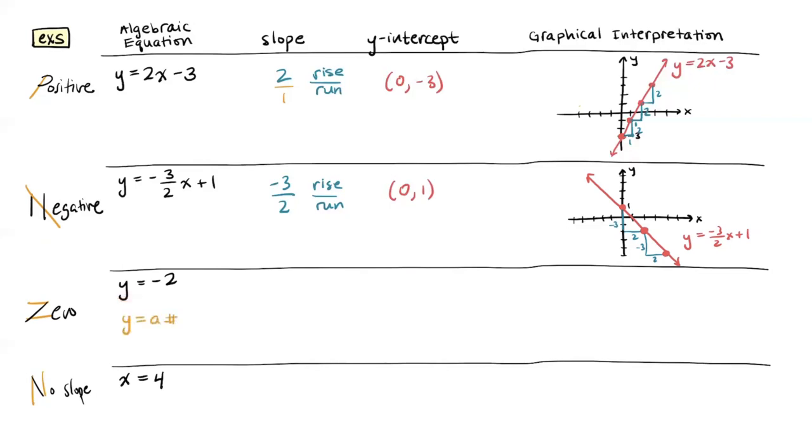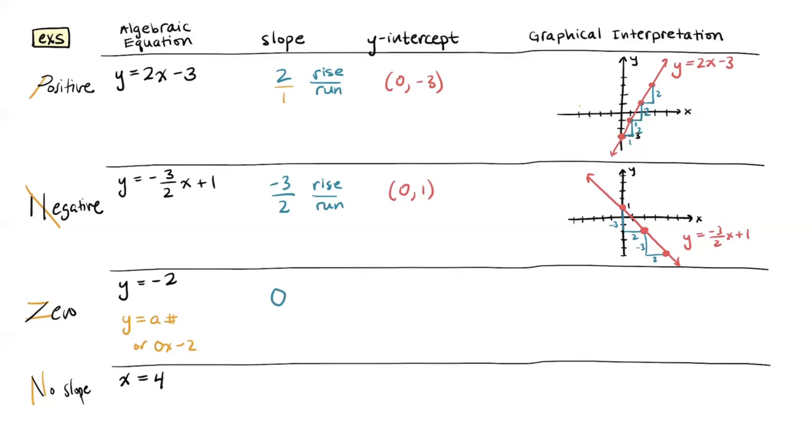No x's. You could also view this as 0x plus a number. In this case, we could say 0x minus 2. Then it's easy to see why the slope is 0, because there's really a 0 multiplied by the x. So here we have 0 slope. This isn't saying that there's no slope.